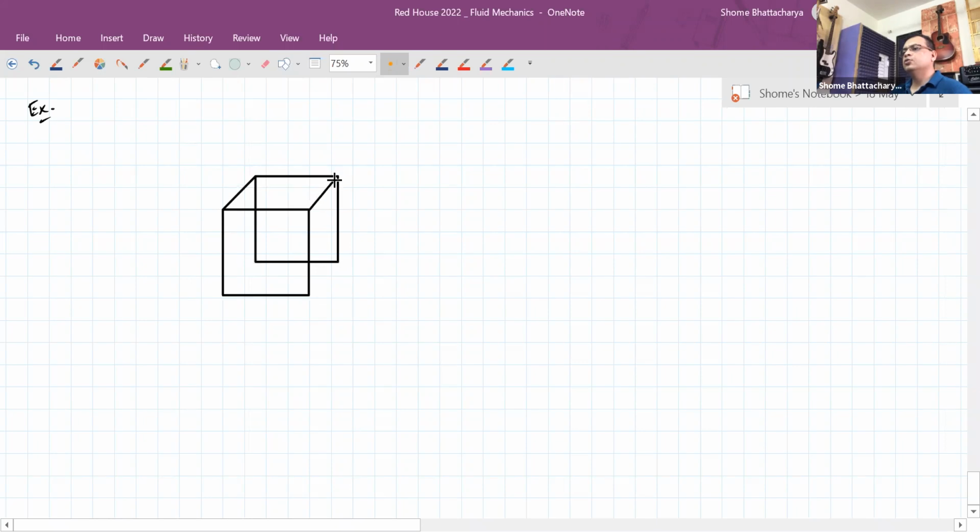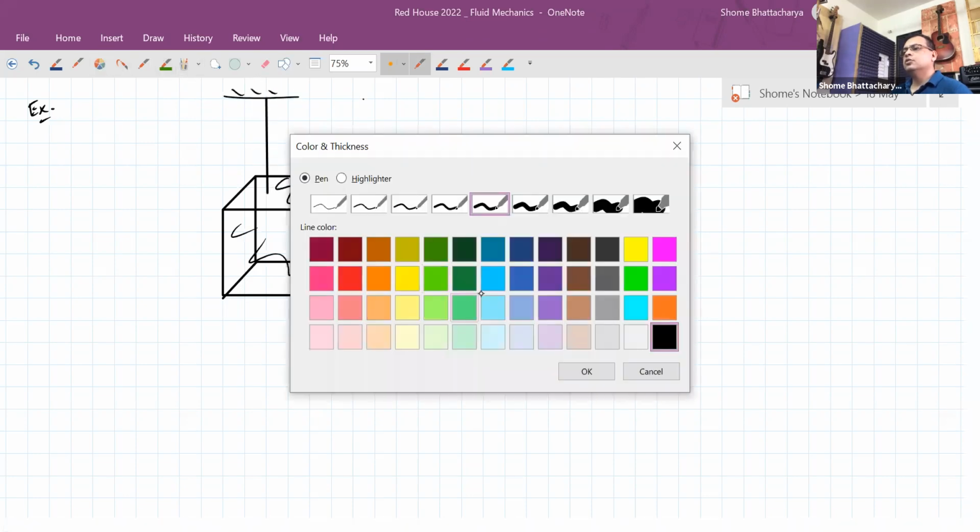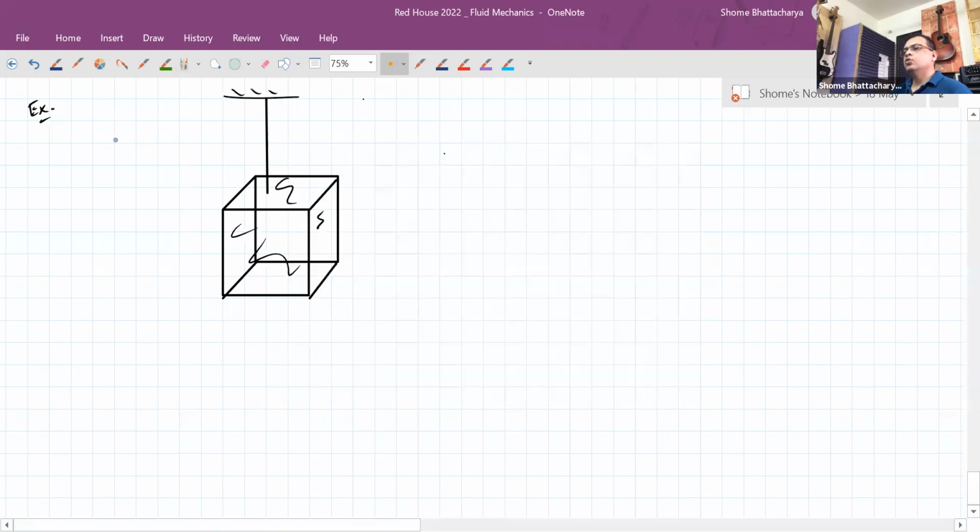It's rather easy to prove in such a symmetrical kind of shape that the upthrust will be equal to the weight of the equivalent amount of water, that is a cube of water, which would have been displaced by this solid cube. So suppose I have this situation, as I was saying, this cube is completely submerged under water or under some fluid by means of a rope or a thread or chain or whatever.